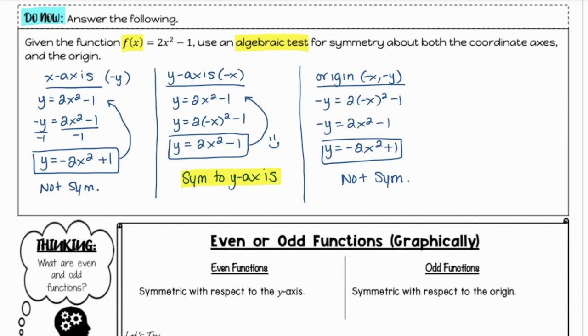So for this one, I did the x-axis, the y-axis, and the origin test, and I only found that this function is symmetric to the y-axis.